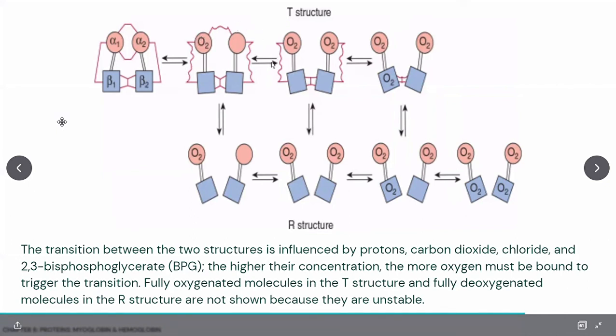It's going to break all of those hydrogen bonds to make it easier for oxygen to fill up all the heme molecules. So your 2,3-BPG is removed as long as there is a high oxygen tension, and that only happens when it is in the lungs.